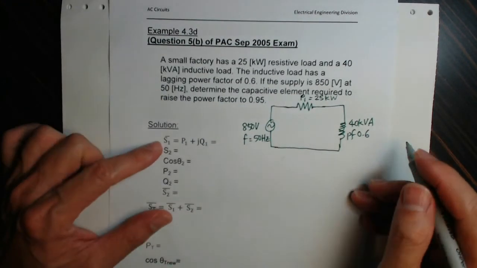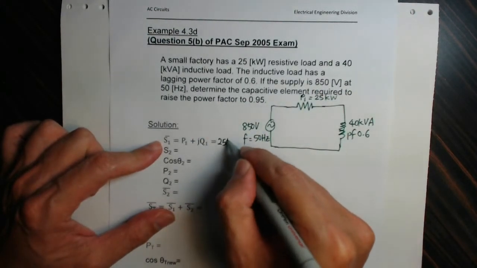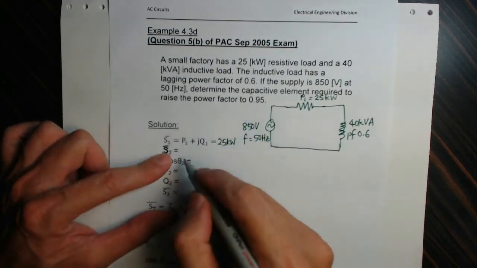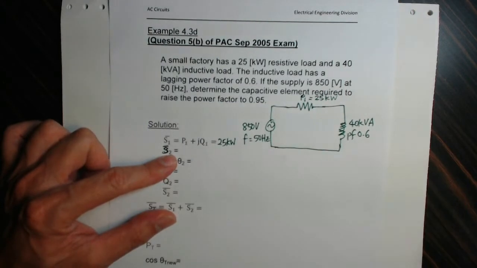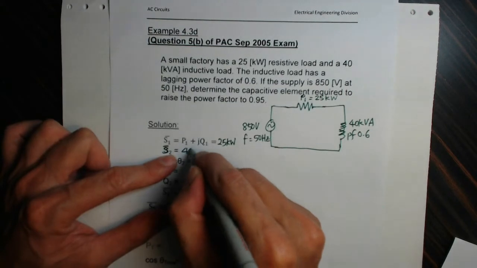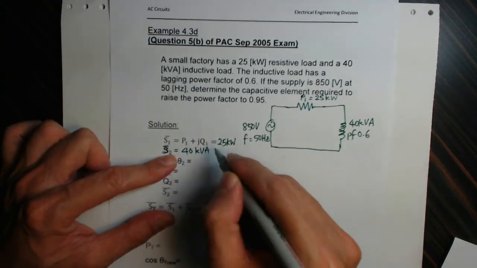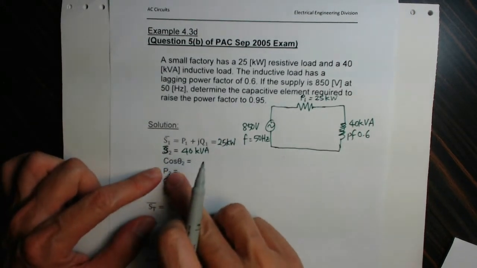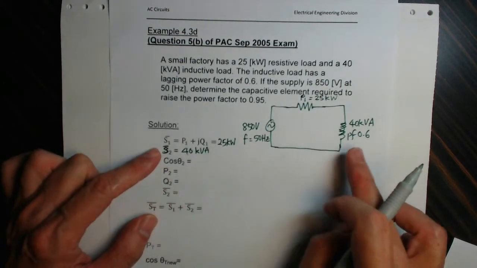Now the first apparent power for this load is just 25 kilowatt. The second apparent power, S2, is actually the inductive load, but because it is at a power factor of 0.6, we have to determine the so-called true power or real power and the reactive power for load 2.